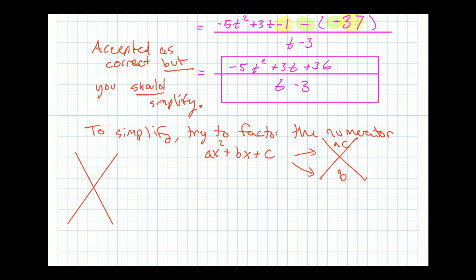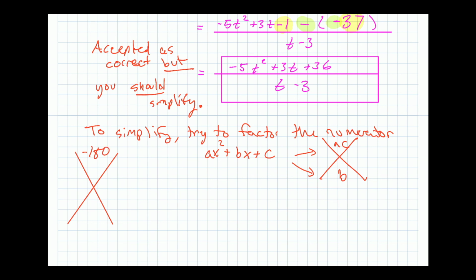So what's 5 times 36? I don't know what that is, but let's figure it out. 5 times 30 is 150, and 5 times 6 is 30, so I think that's 180. So I think it's 180 up here.